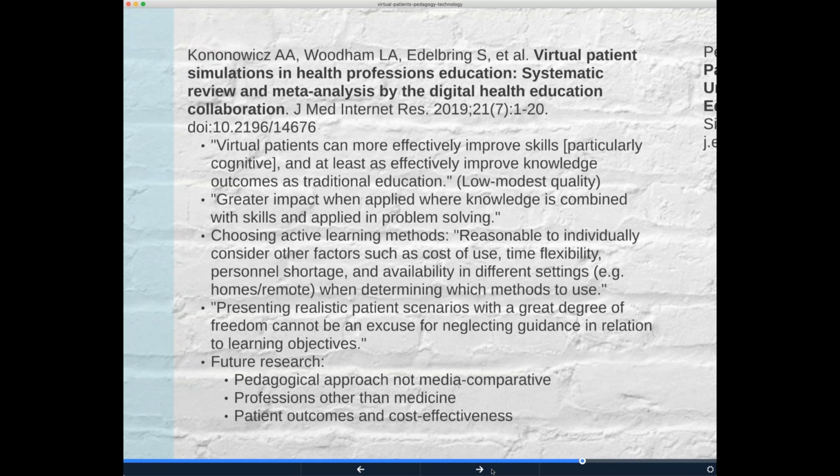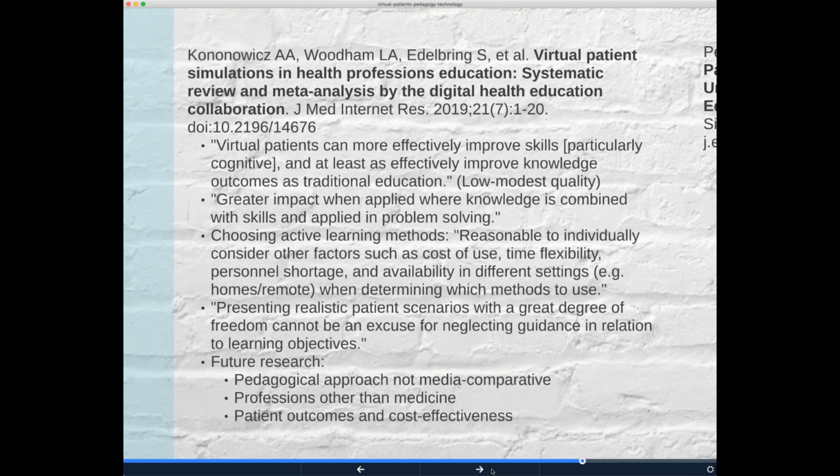In all the studies they looked at, virtual patients perform more effectively than traditional learning approaches when it comes to improving skills, and particularly cognitive and decision-making skills, but also, as you saw, the technical aspects of communication and the knowledge and procedural parts of psychomotor skills, at least as effectively, and in many cases more effectively than traditional educational techniques.